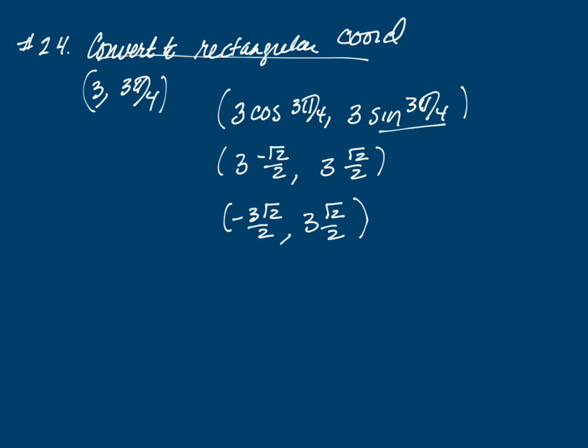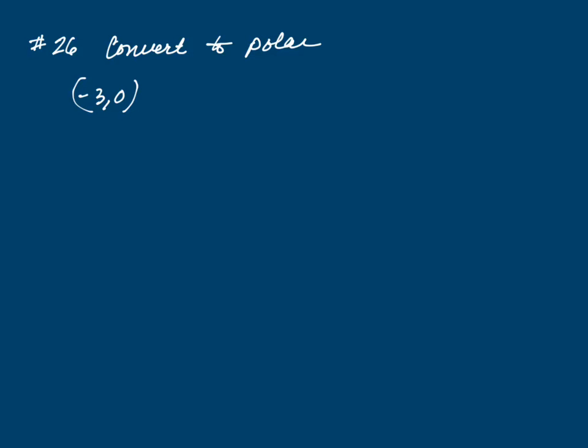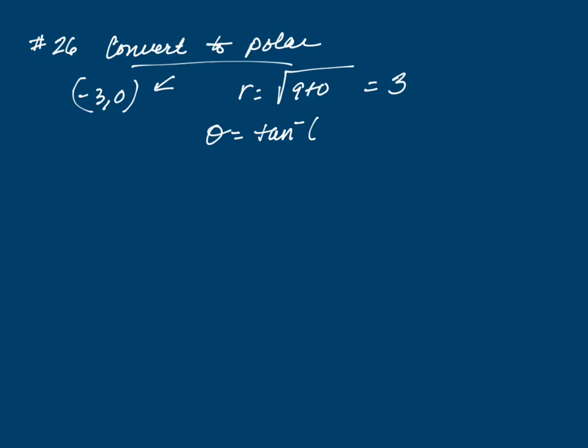number 24. Number 26 asks us to convert these rectangular coordinates to polar coordinates. So we have to figure out r. R is the square root of 9 plus 0, or 3. And theta would be the inverse tan of 0 over negative 3, which is going to be 0.